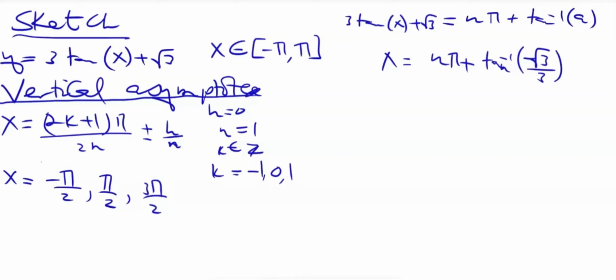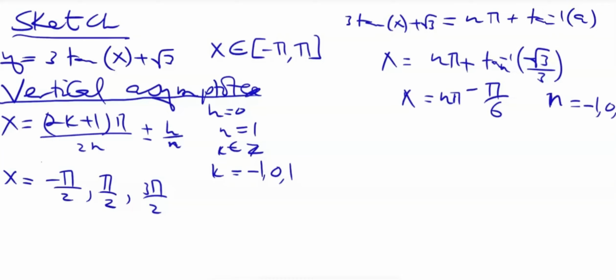We know that negative square root 3 over 3 is negative pi over 6, where n is an integer value, so I should start from -1, 0 and 1.